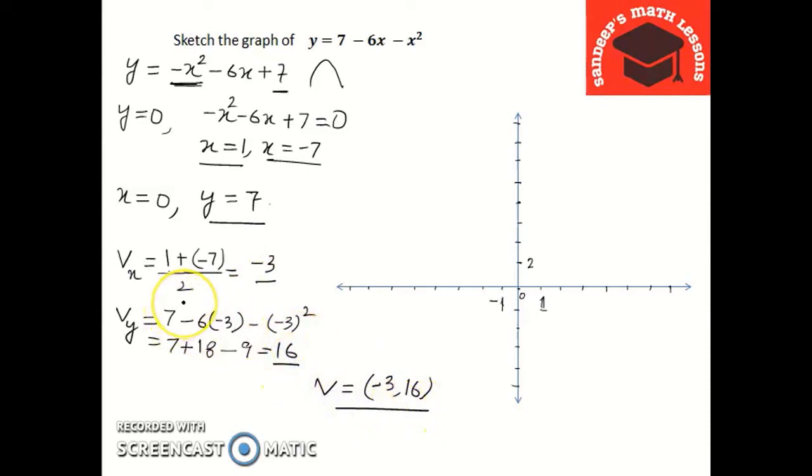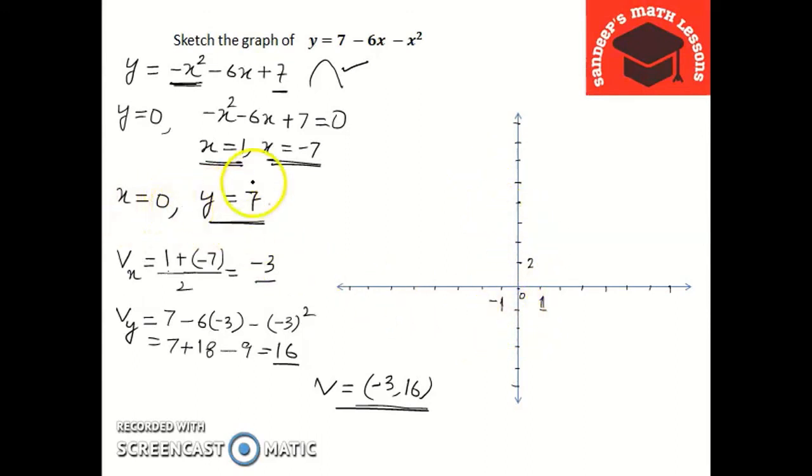So again, now I have all the information. I know the graph opens downward. I know the x-intercepts are 1 and -7, the y-intercept is 7, and the vertex is -3, 16. I have already drawn the axes so that I can save some time.